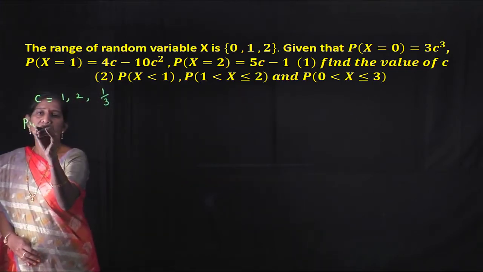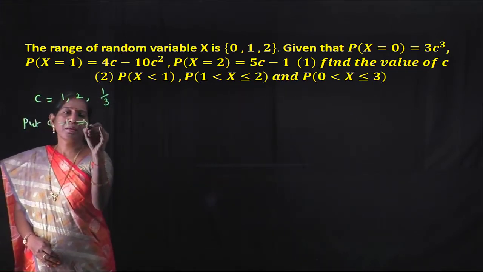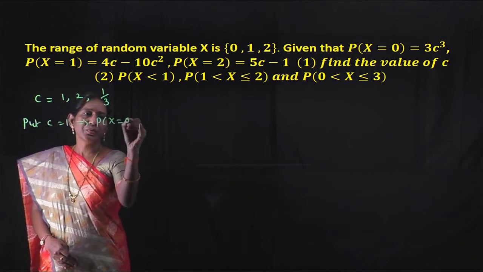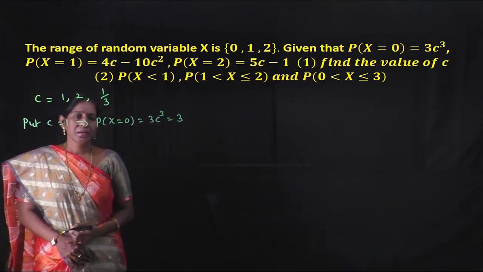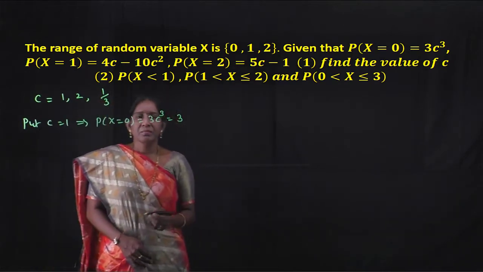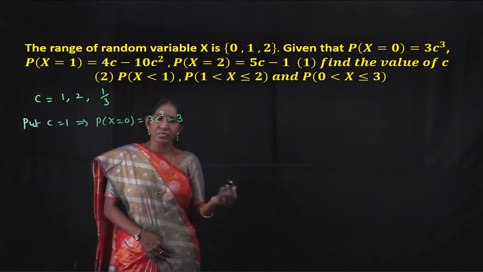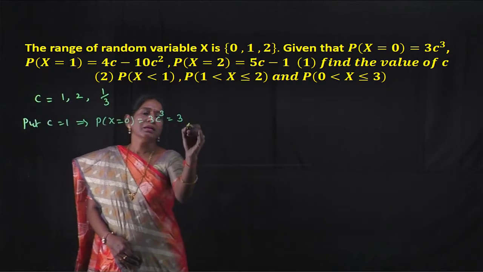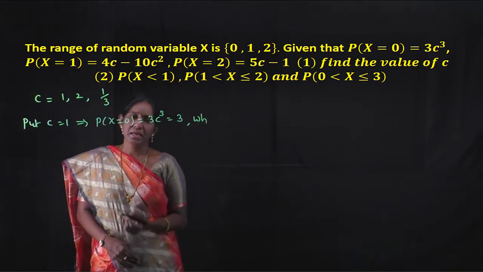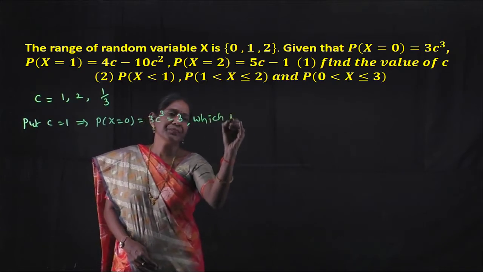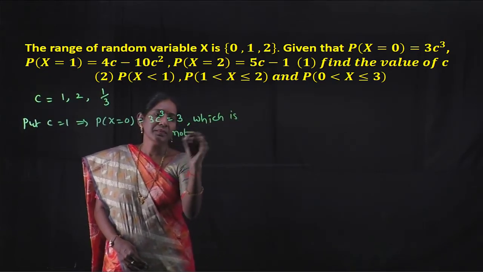So, put c equal to 1, p of x equal to 0, that is 3c cube, 3. For any event, probability lies between 0 and 1. Then, here p of x equal to 0 is 3, which is not possible.